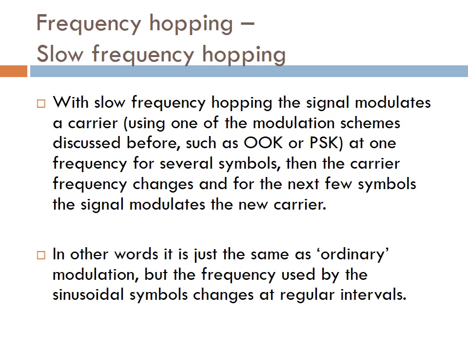Slow frequency hopping. With slow frequency hopping, the signal modulates a carrier using one of the modulation schemes that we have discussed previously, as for example OOK, on-off keying. So the signal modulates a carrier at one frequency for several symbols, then the carrier wave frequency changes, and for the next few symbols the signal modulates the new carrier.